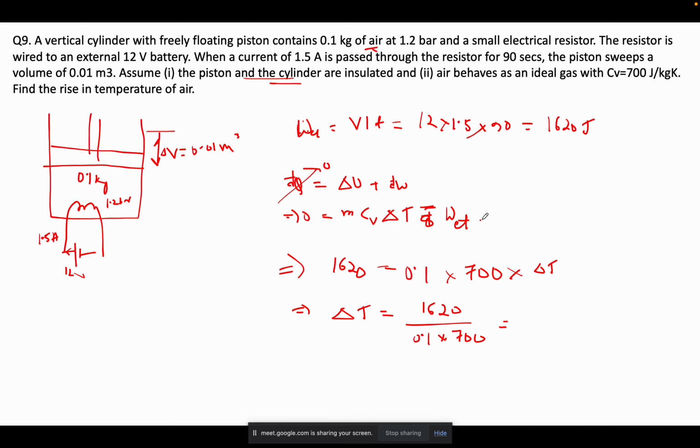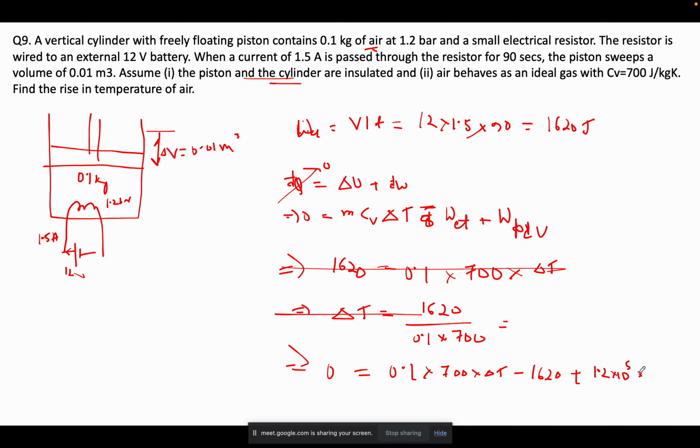Oh, sorry, one more work is given, not W. PdV work is also given. So sorry for that. Okay, so that will be your 0, that is equal to 0.1 into 700 into delta T, minus W electrical is 1620, and what will be the PdV work? Pressure is 1.2 bar, that means 1.2 into 10 to the power 5 into swept volume, which is 0.01.